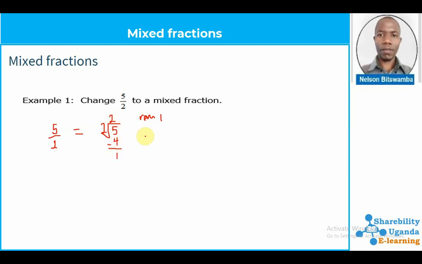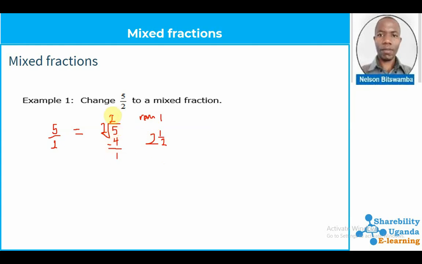For us to change this into our mixed fraction, when you divide 5 by 2, our answer is going to be 2, then we write this remainder of ours, which is 1 over 2. Hope everyone is following.